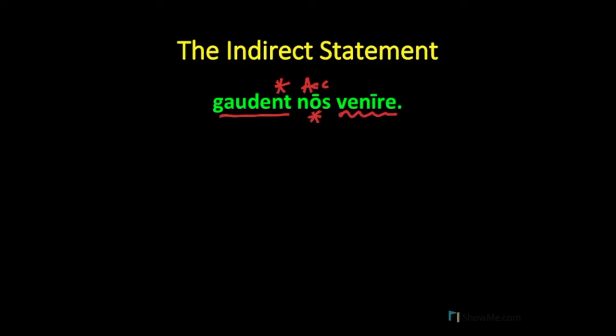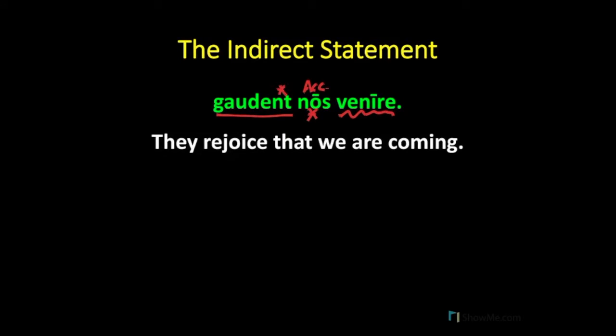We have a head verb, gaudent, we have an accusative subject, nos, and we have an infinitive verb, venire. And so we can translate, they rejoice, gaudent, that, there's your key indirect statement introductory word in English, we are coming, nos venire. Since we have a present tense infinitive, venire, we are coming, and at the same time, they rejoice.